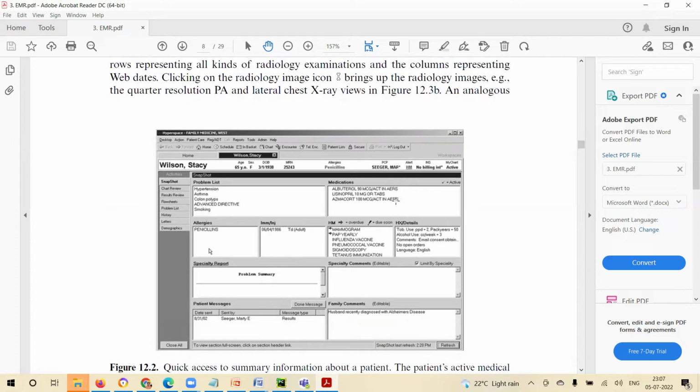The doctor's view will be different from the nurse's view, and the nurse's view will be different from the receptionist's view. The admin view will be different, right? Not everything will be shown to everyone. The doctor does not need to know your address, and the receptionist need not know the medicines that you are taking, right? Okay, so this is how it will look.